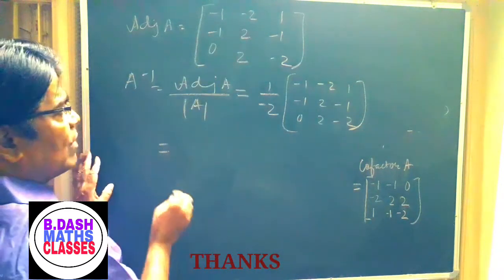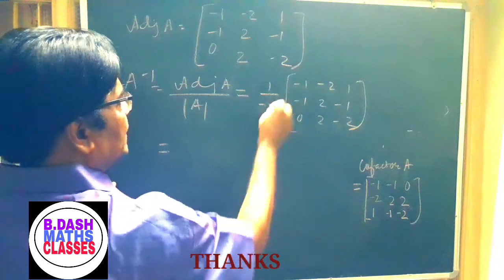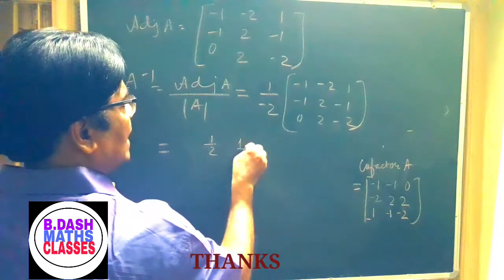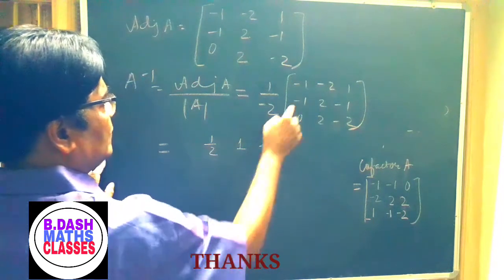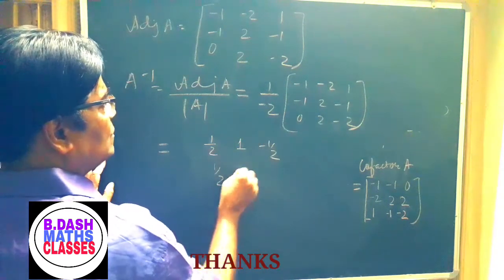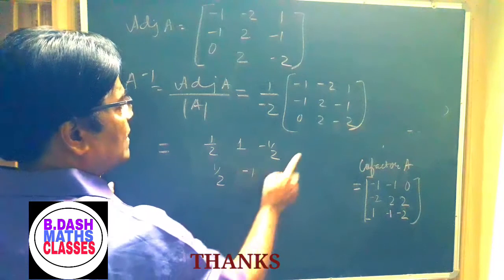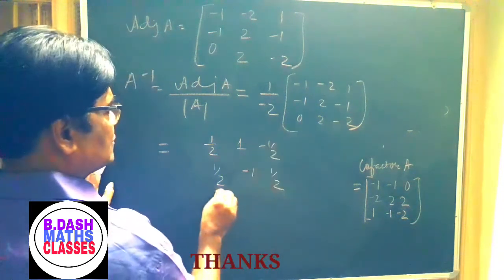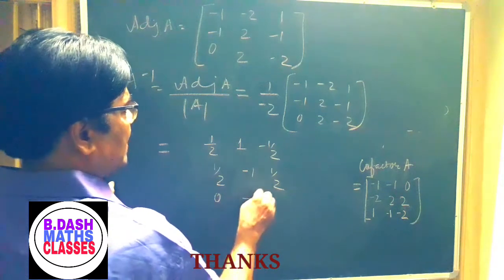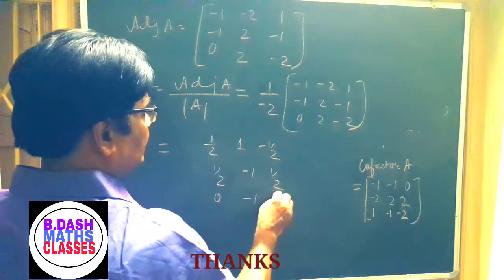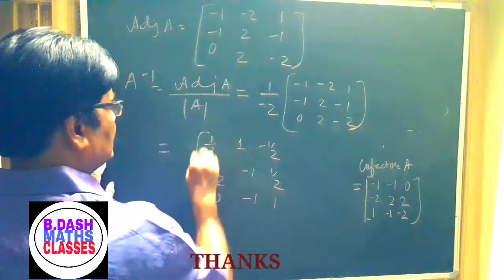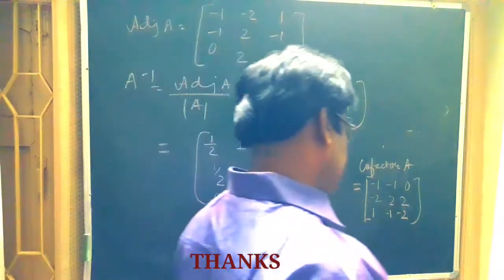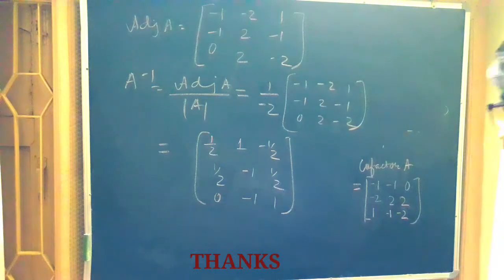Which is equal to, if you multiply, this is 1 by 2, this is 1, this is minus 1 by 2. This will be 1 by 2, this is minus 1, and this will be plus 1 by 2. This is 0, this is minus 1, and this will be plus 1. So this is another process by which we are getting the inverse.